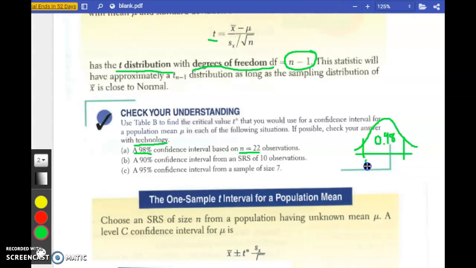If I want these 2 t's, one on the left and one on the right, they're going to be the same t, because remember, it's still centered at 0, just one's negative, one's positive. I'm going to do an inverse t, not inverse normal, of this little tail. And the area in this little tail is 0.01. If this is 0.98 and the whole thing is 1, both of these tails together are 0.02, which means one of the tails is 0.01.